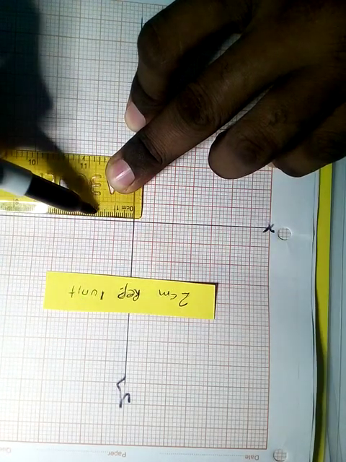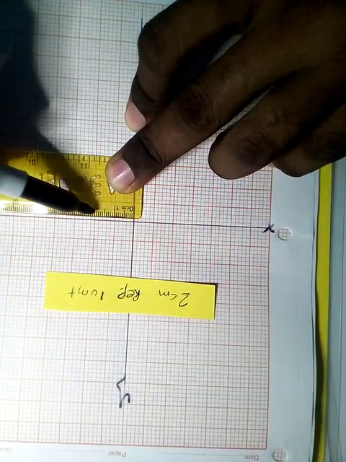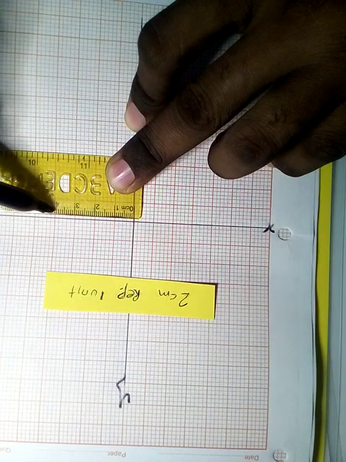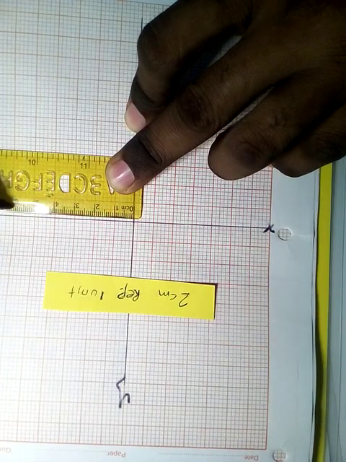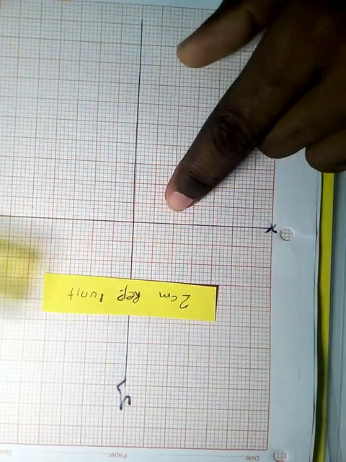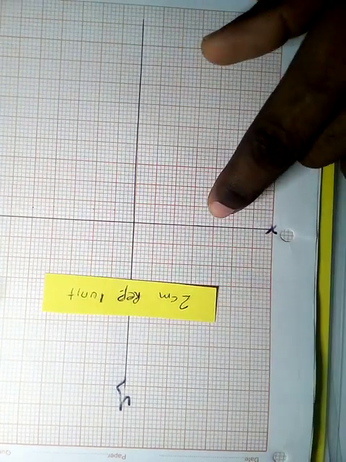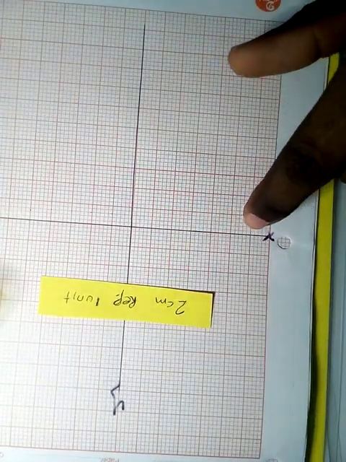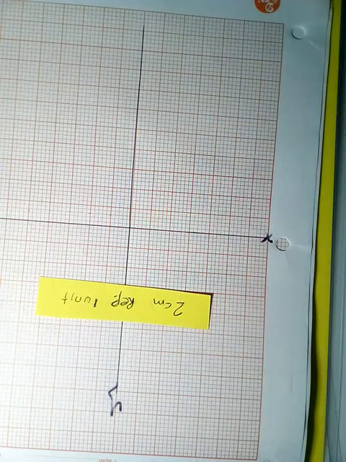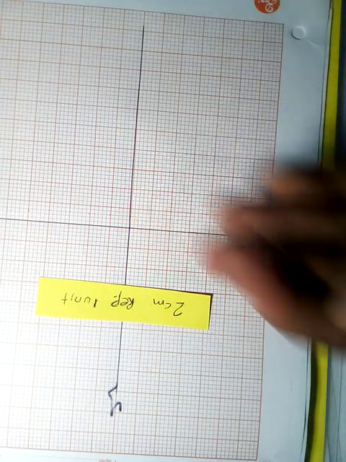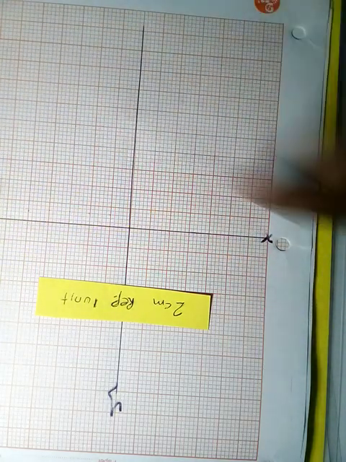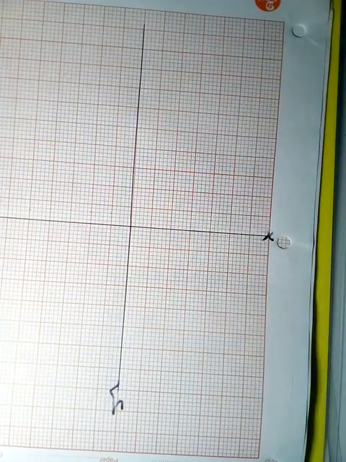So every 2 centimeters, that's where we're going to put a value. So we'll have positive 1 here, next 2 centimeters, positive 2, positive 3, and so on. And to your left now, you'd have negative 1, skip 2 centimeters, negative 2, skip 2 centimeters, negative 3. So when they say 2 to 1, we mean every 2 spaces we're going to count by 1. If they say 1 to 1, every 1 space we're counting by a series of 1. If they say 1 to 5, every 1 space we're going to count by a series of 5, to your left or right, up or down, positive or negative.